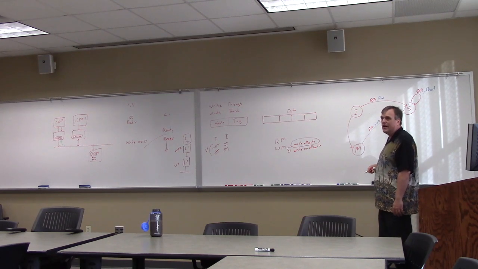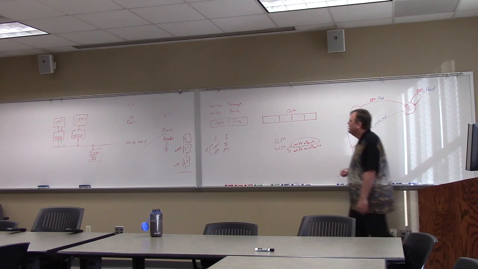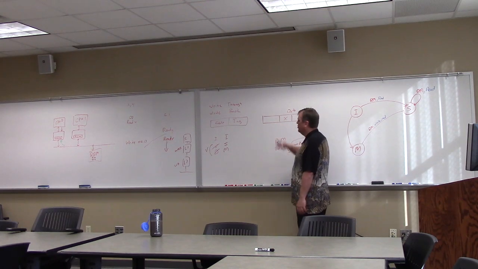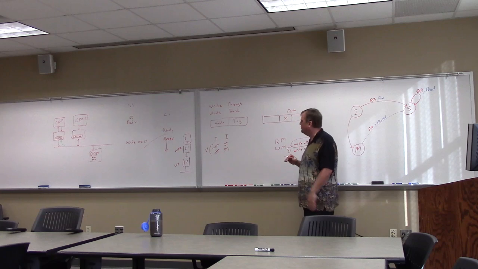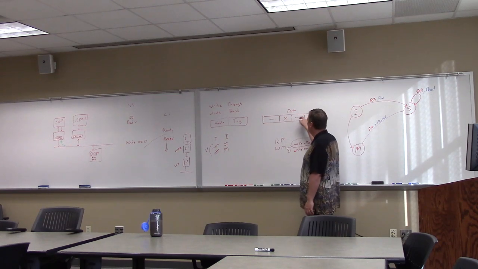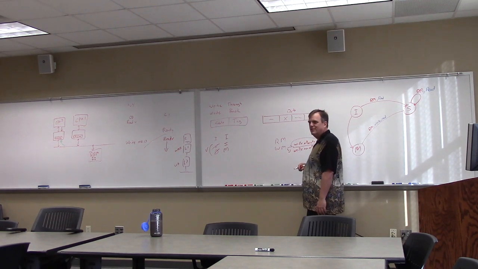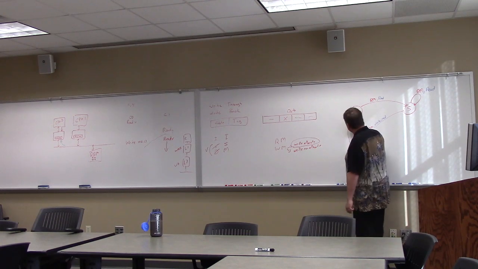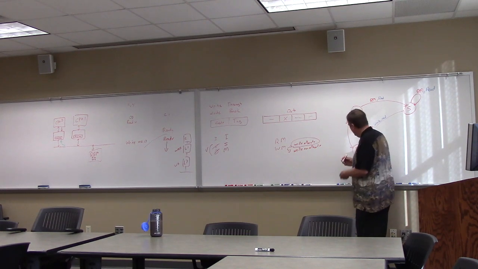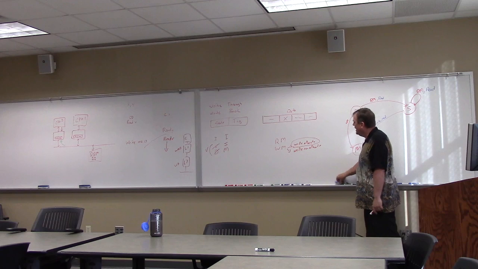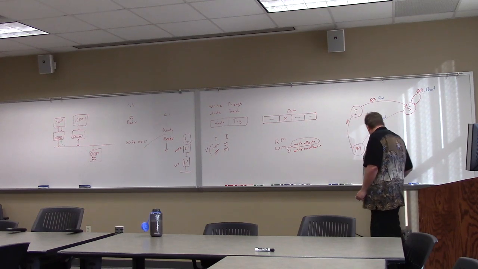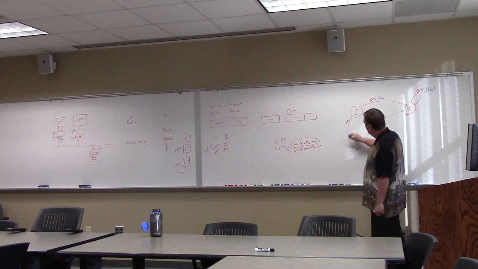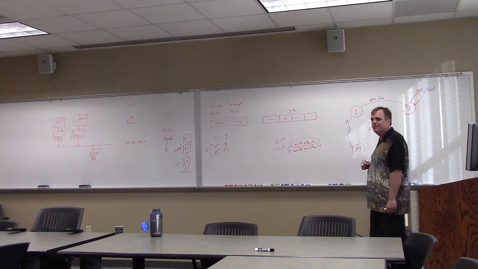But I've got a block. If I'm writing to this location inside the block, and it doesn't matter which one, I just picked one at random, you still need to have the rest of the block be good, don't you? So if I get a write miss here, I'm going to have to get the rest of the block, which means on the network, I've got to send out a read for the rest of the block.